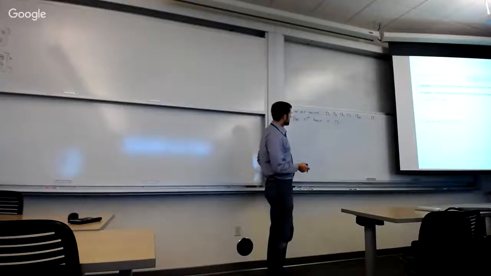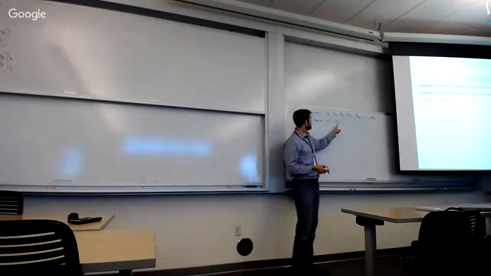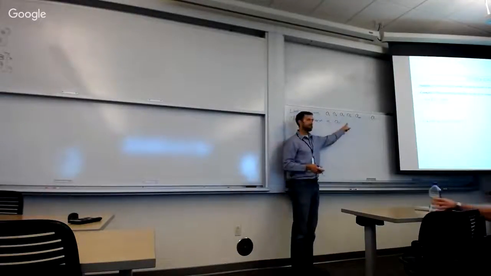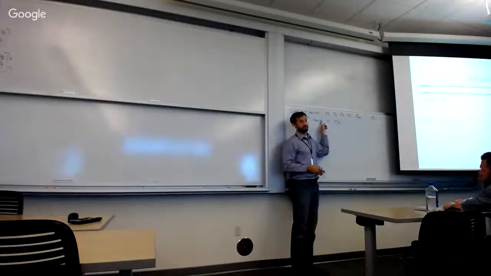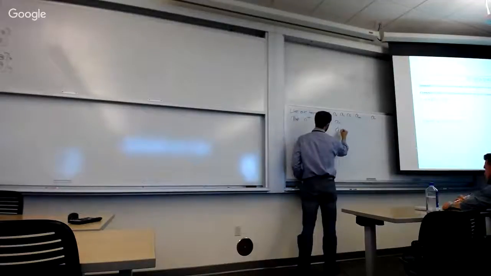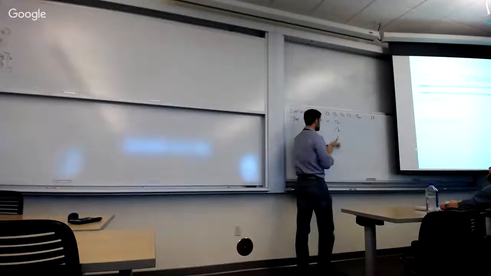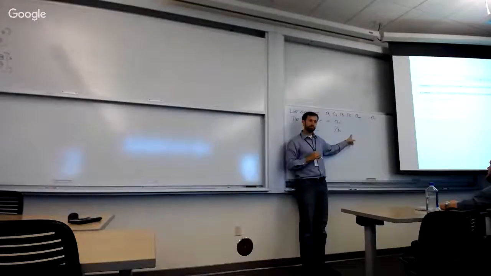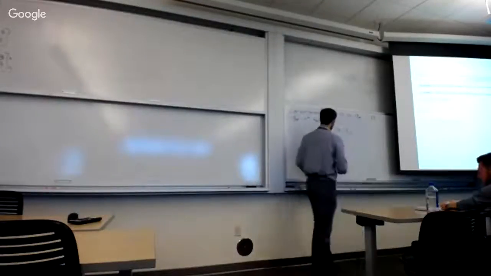There's one more thing we'd want to be able to say: what's the term right after a sub n, and what's the term right before a sub n? If we're counting along and we get to a sub n, what's the next one? Exactly right, a sub n plus 1.